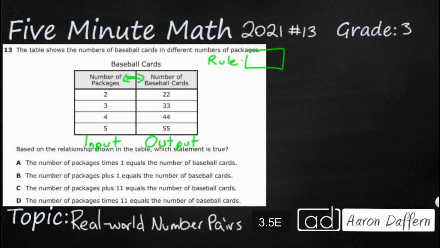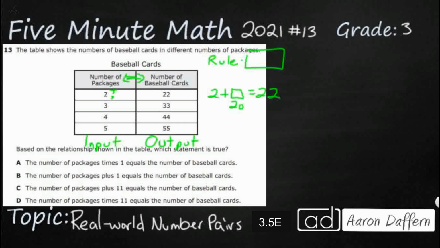So let's look, starting with 2 up to 22. Our number is getting bigger. Two different ways that we can do that is we can either add or we can multiply. So let's start with adding. 2 plus something is going to make 22. Looks like that's going to be 20, right?